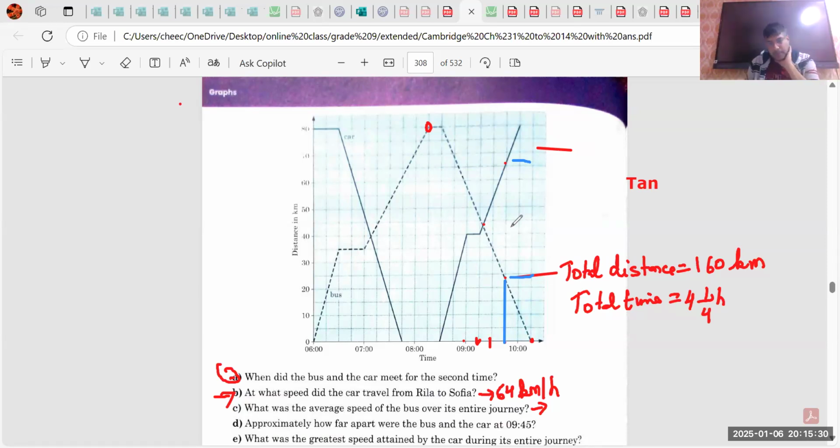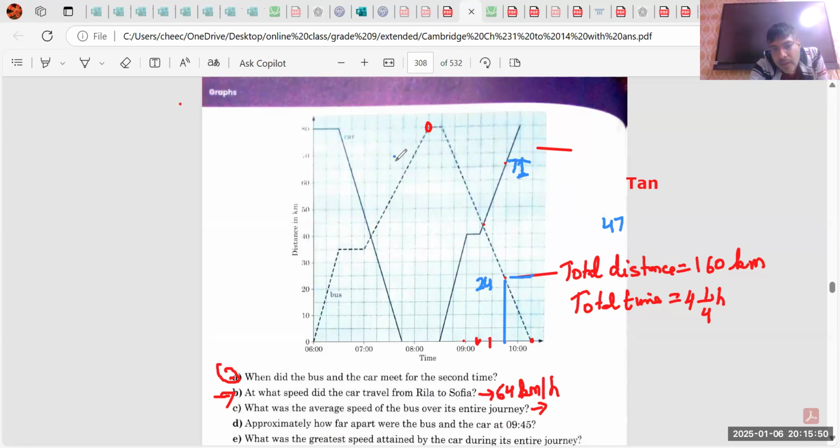No beta, this will be 24 something and this will be 71 something. Sir, why are we taking 71, not 80?